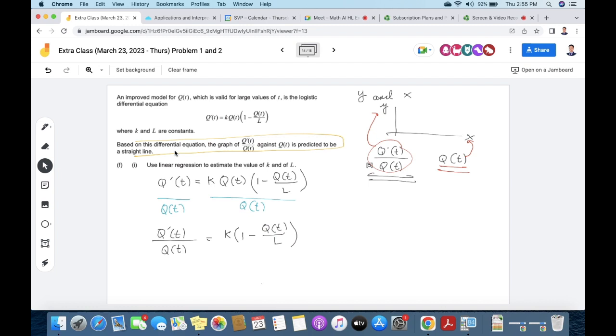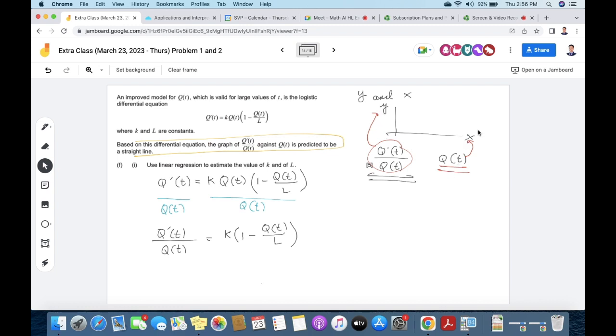Okay. So for you to understand this further, for you to be able to understand it easily, can we change it to y and x? And then later, change it back to q prime of t? Because in this form, it's difficult to analyze. That's one strategy I'm doing whenever I have a lot of variables. Can we use y and x instead? Yeah. So look at this one, the ones in red. Q prime of t over q of t is your y.